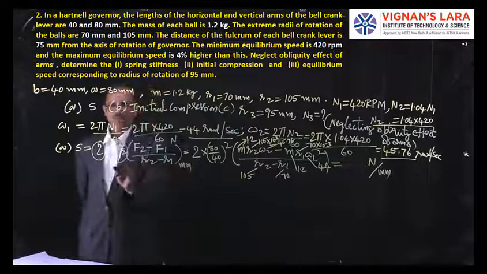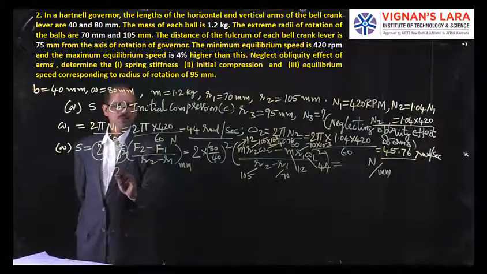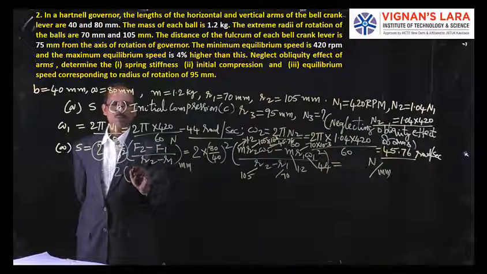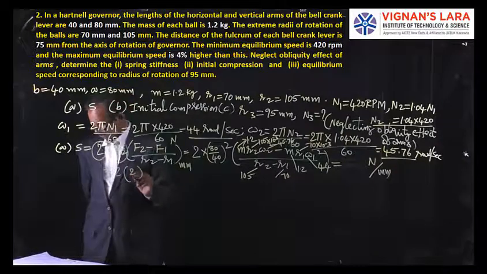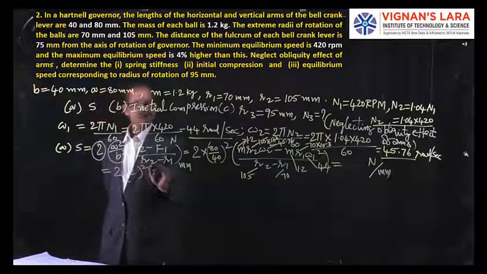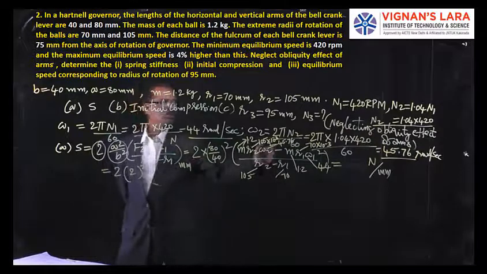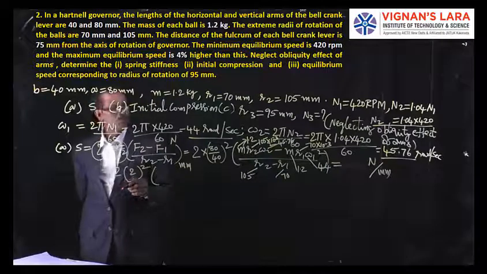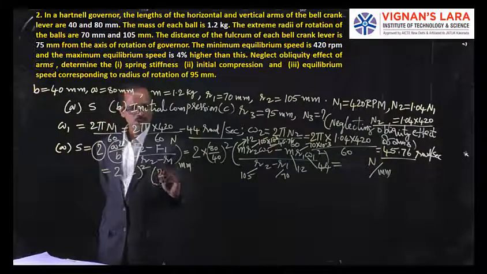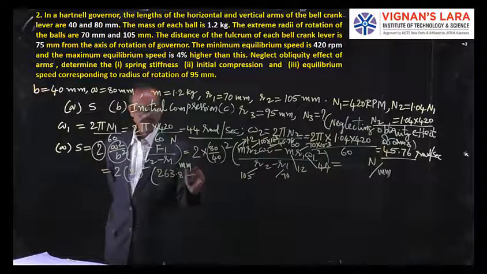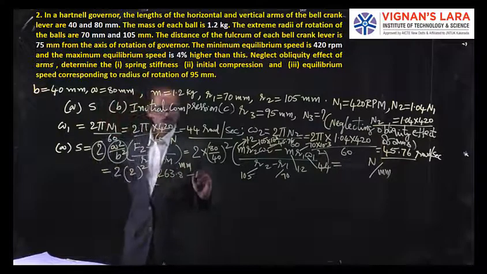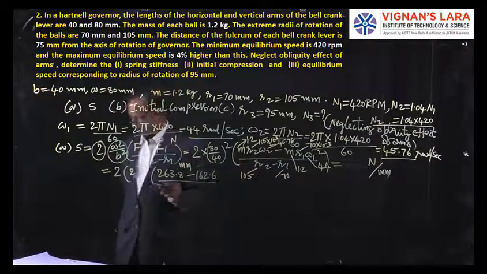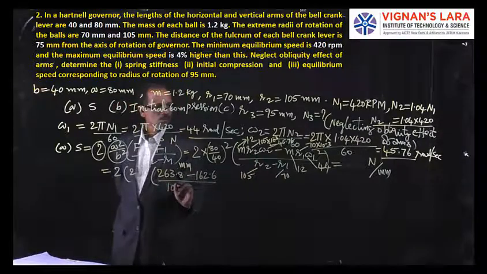For your simplicity, 2 into 80 by 40, that is A by B 2, whole square, into, if you calculate this force, F2 is 263.8 minus 162.6, by R2 minus R1, 105 minus 70.